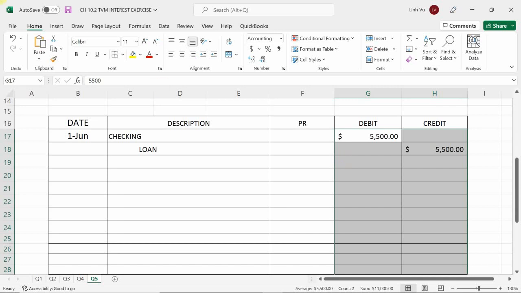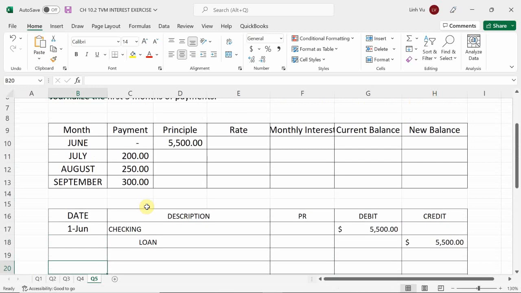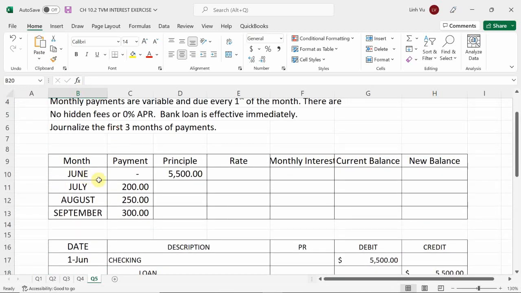That's the first thing that we're going to recognize, that we got the loan. So here's the first row right here. That I borrowed the money for $5,500. Now, what's my rate going to be?